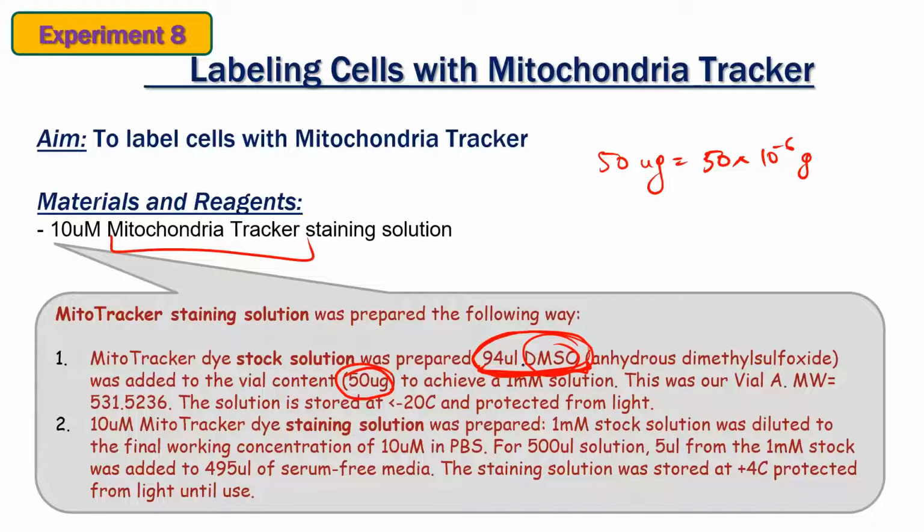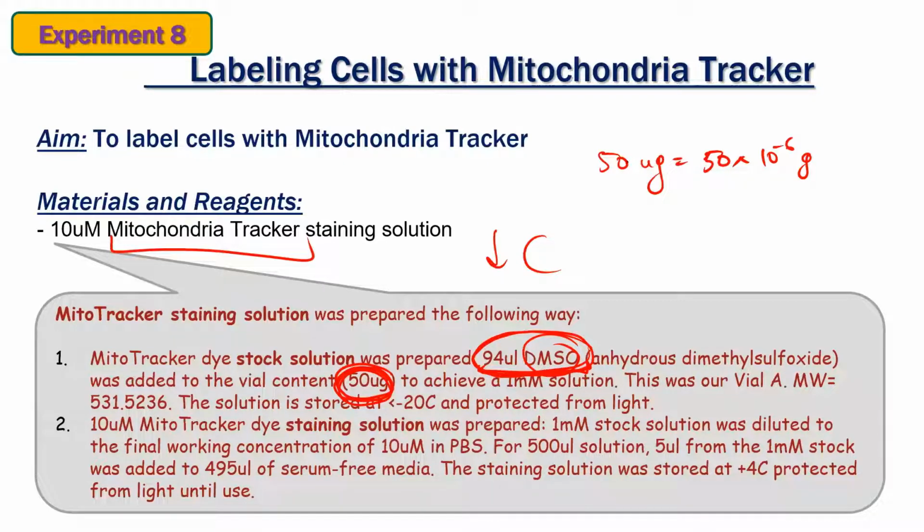I hope you all know that DMSO is actually toxic, but in this case, it's okay because we are using very low concentrations. And if we try to dissolve our tracker in something else, it will not happen because this tracker is actually hydrophobic.